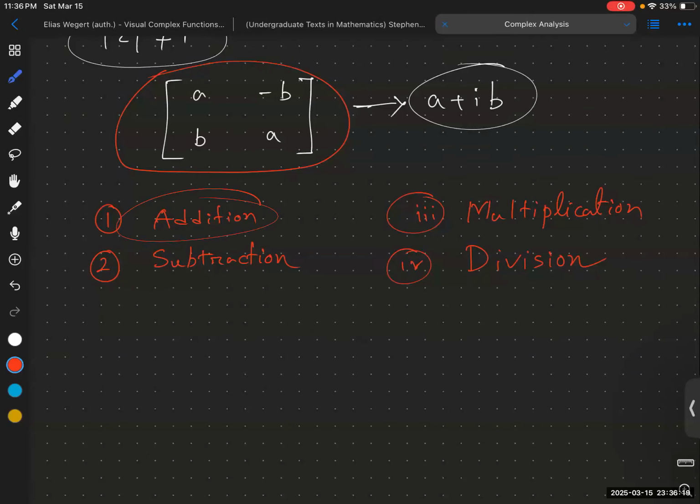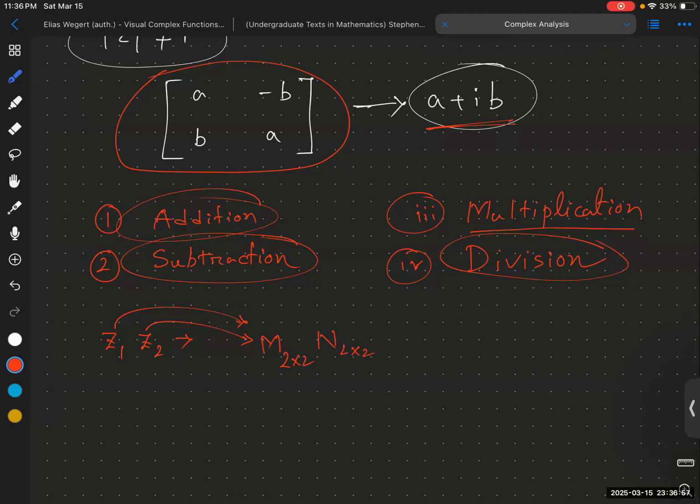In case of addition, adding two complex numbers means adding two matrices. Subtraction means subtracting one matrix from another matrix. Multiplication means two matrix multiplication. Division means multiplication by its inverse. That means if Z1 and Z2 are multiplied, then their corresponding matrices, let's say M, 2 times 2, and N, 2 times 2, will be multiplied.